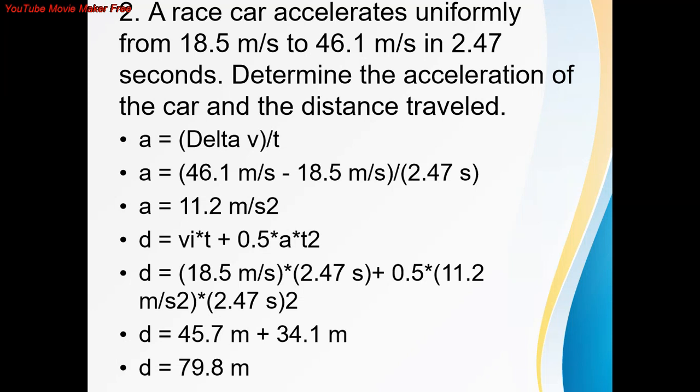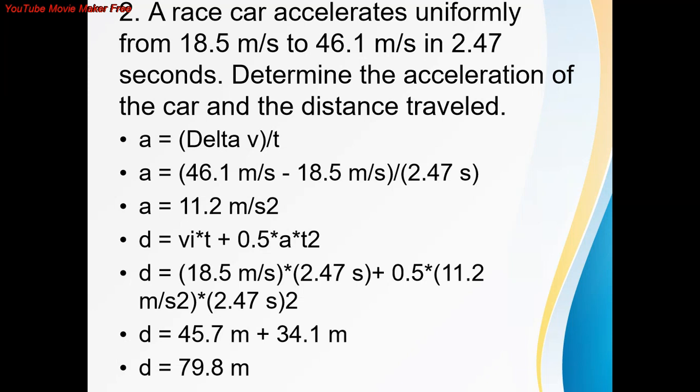So here we are talking about a race car where we understand that the acceleration of the car is uniform, and it starts from u equal to 18.5 meter per second, that is the initial velocity, and the final velocity is 46.1 meter per second, and this happens in time 2.47 second. We have to find the acceleration of the car as well as the distance traveled.